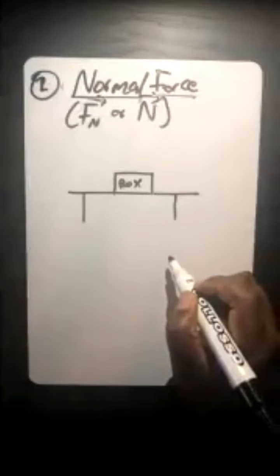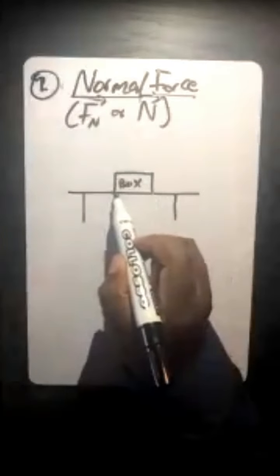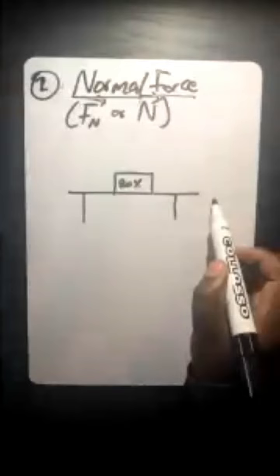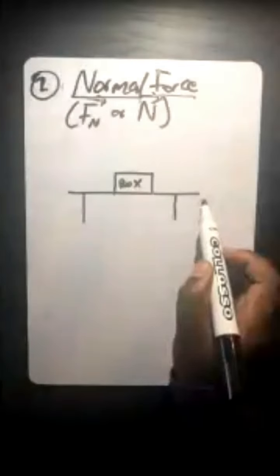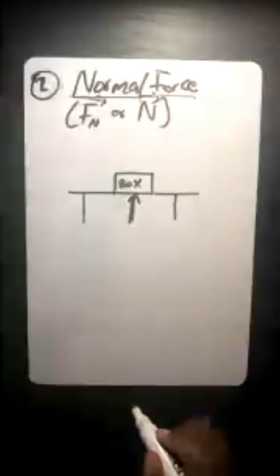So, ladies and gentlemen, this is that object. We say this object exerts a force on the surface. In reaction, the surface is exerting a force in the opposite direction on that box. And very, very important, ladies and gentlemen.